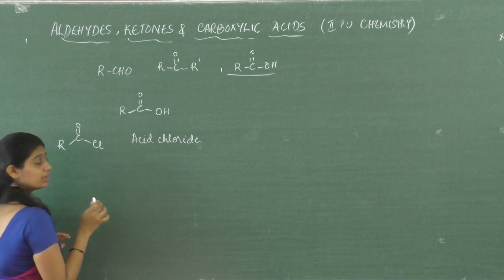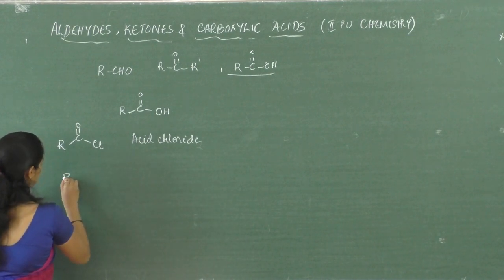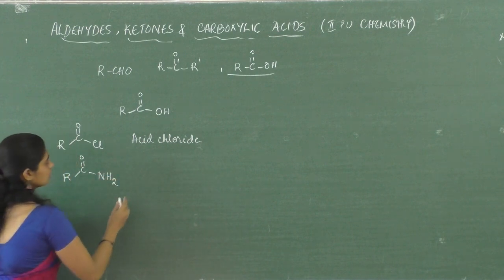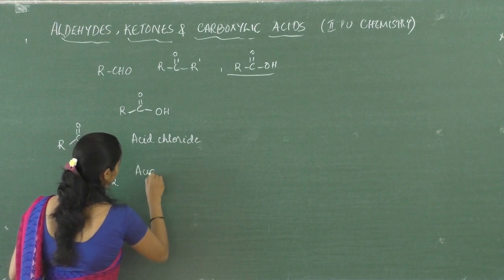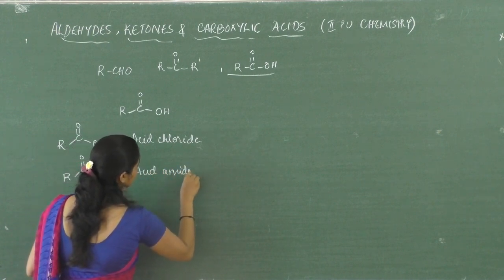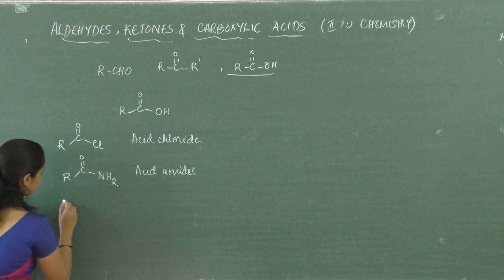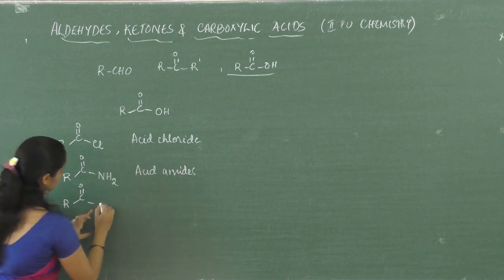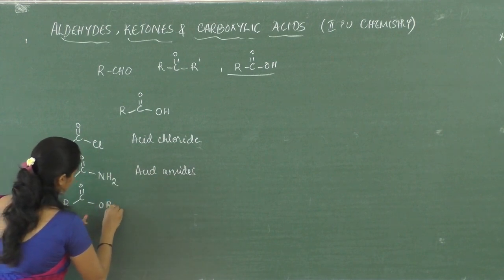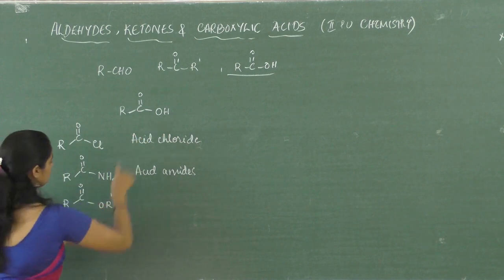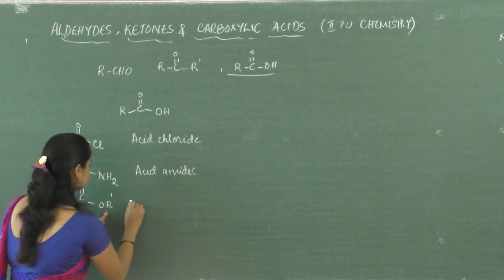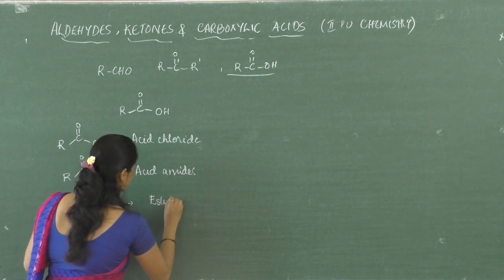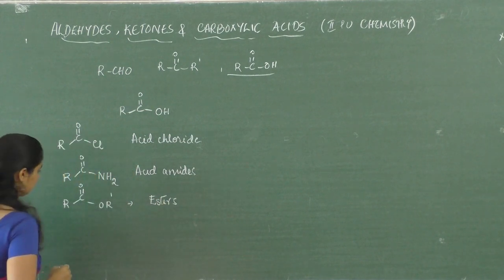If OH is substituted by the NH2 group, this is called acid amides, or generally it is termed as amides, and this part will remain the same, RC double bond O. If hydrogen is replaced by an alkyl group R', then this is termed as esters.